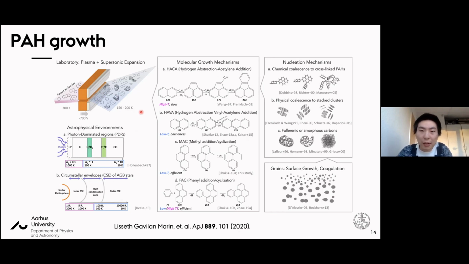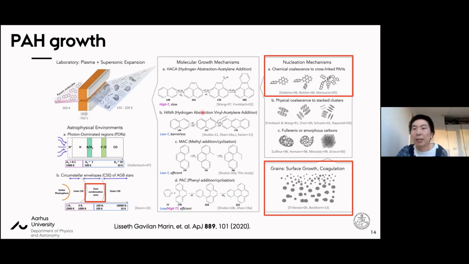There are several different mechanisms for this. Personally, I'm more interested in this nucleation process and the on-surface process because this has been rarely reported, and also it's a bridge between the medium-sized PAHs and larger ones.